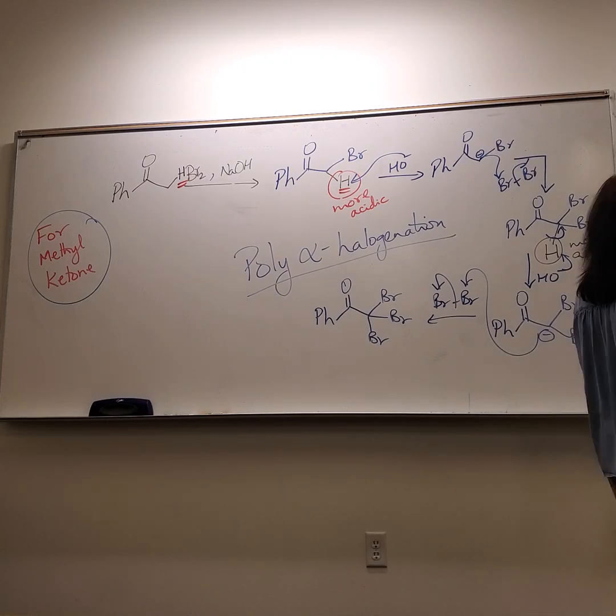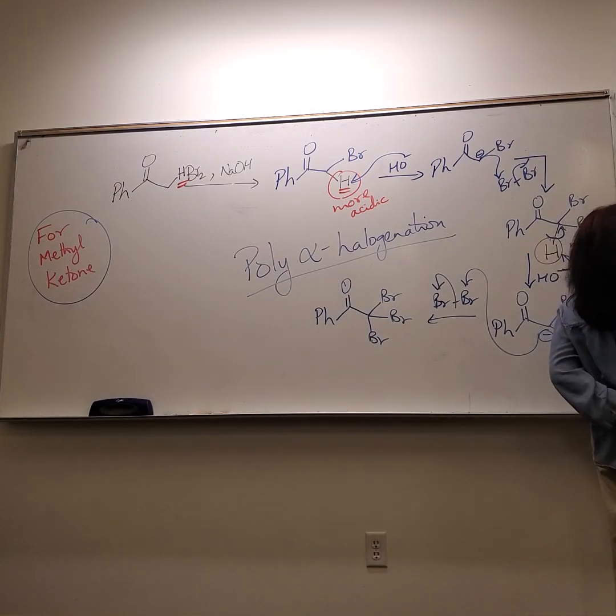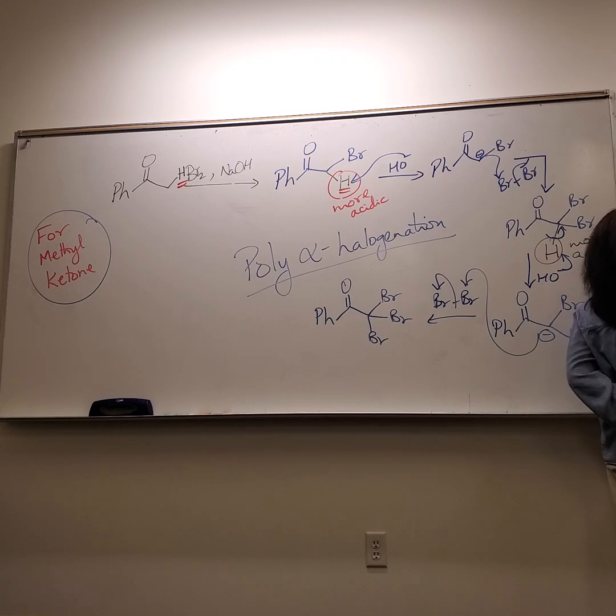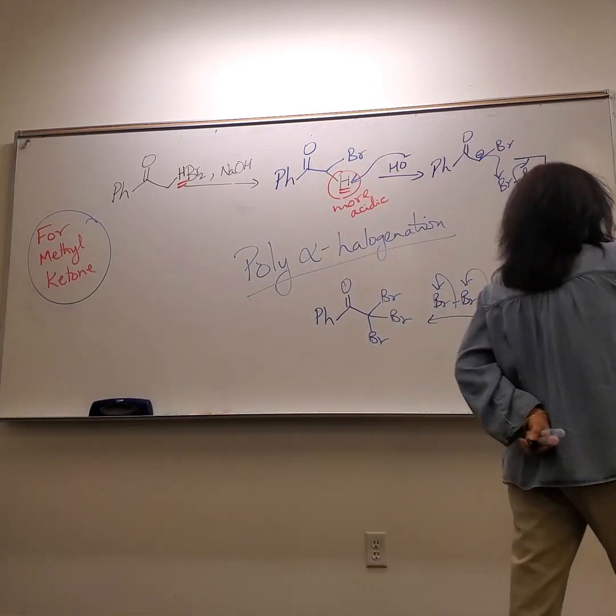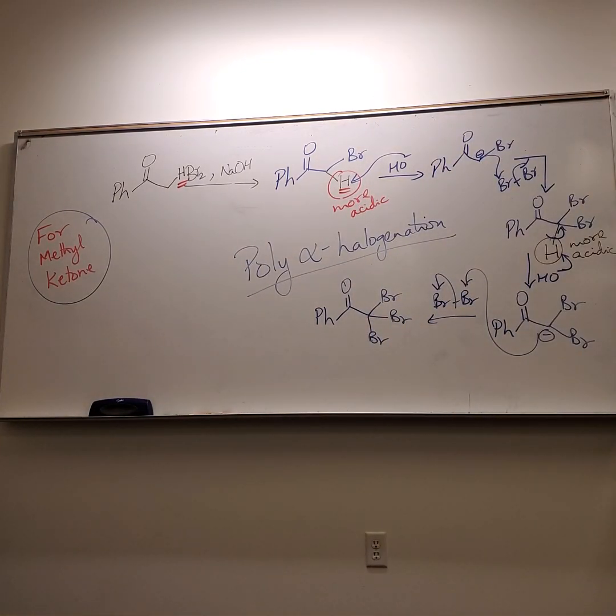In the haloform reaction, a methyl ketone, so a ketone with one methyl group on one side, is treated with halogen in excess in the presence of a base.